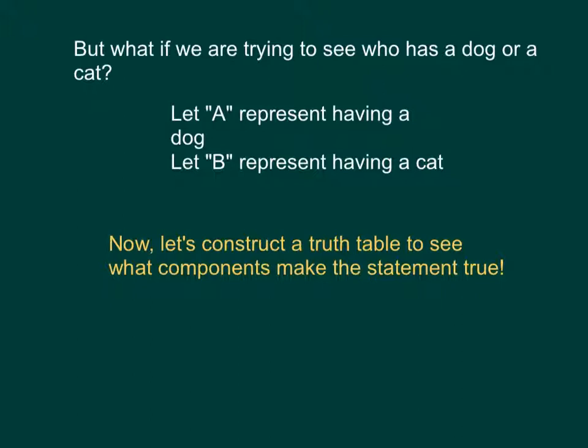Alright, but what if we are trying to see who has a dog or who has a cat? So in this case, we can let A represent having a dog, and we can let B represent having the cat. Now let's construct a truth table to see what components make the statement true. Once again, we're going to need 3 columns.